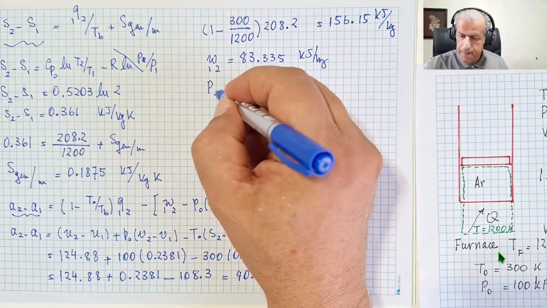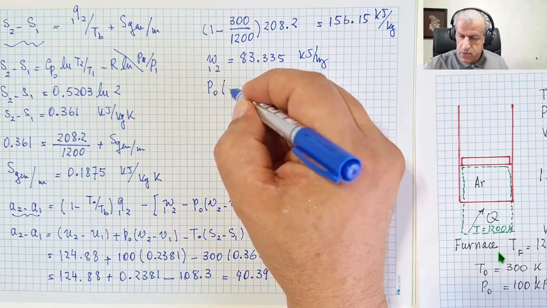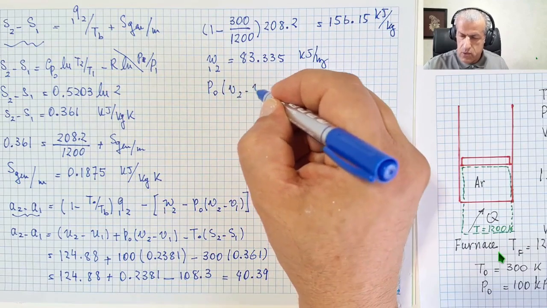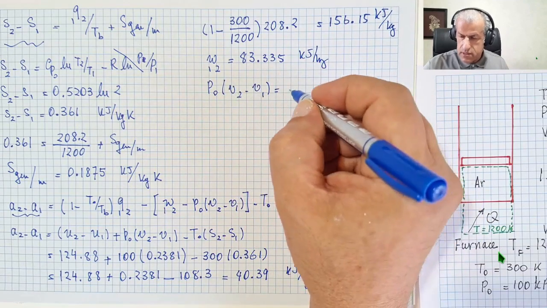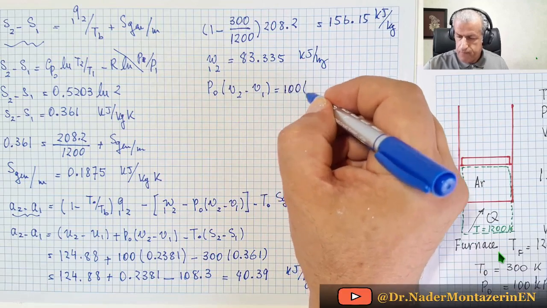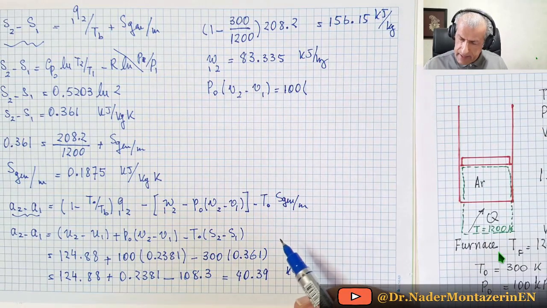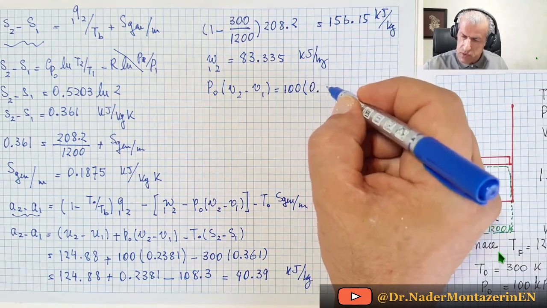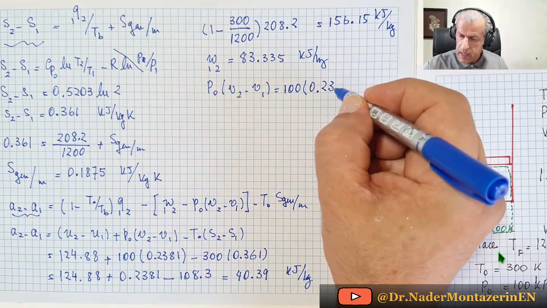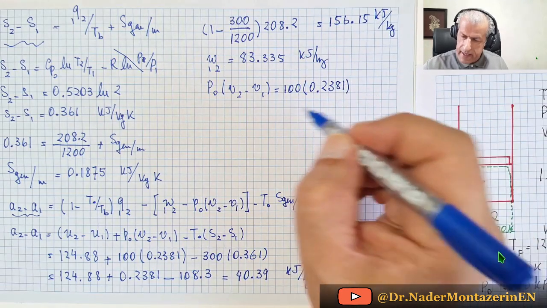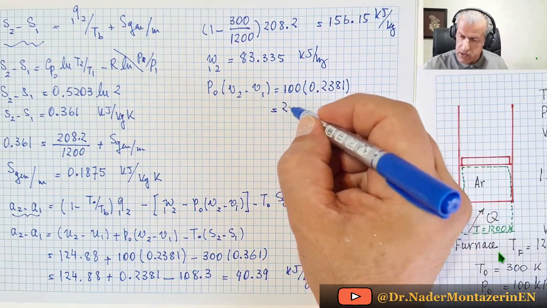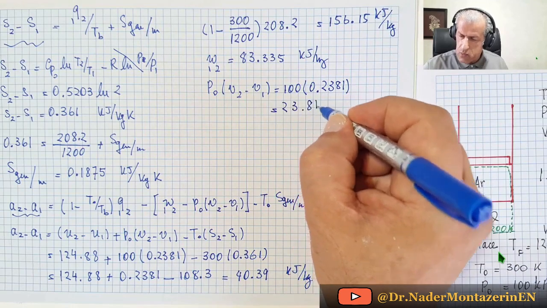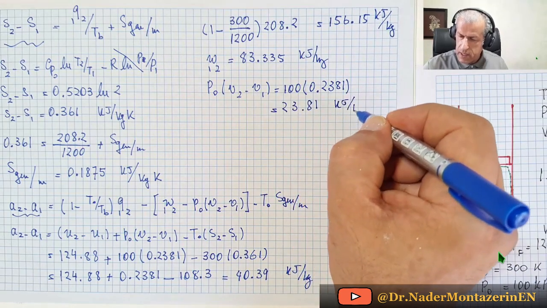P0 times V2 minus V1 equals 100 times 0.2381, and that equals 23.81 kilojoule per kilogram.